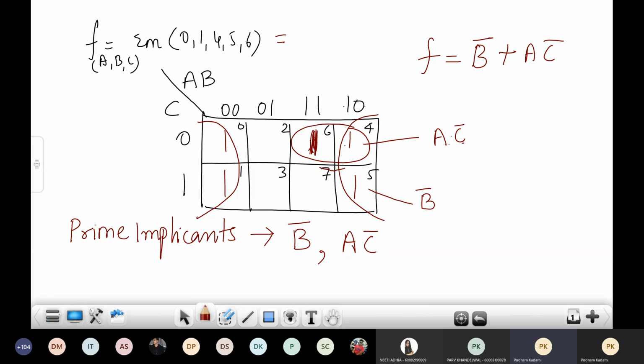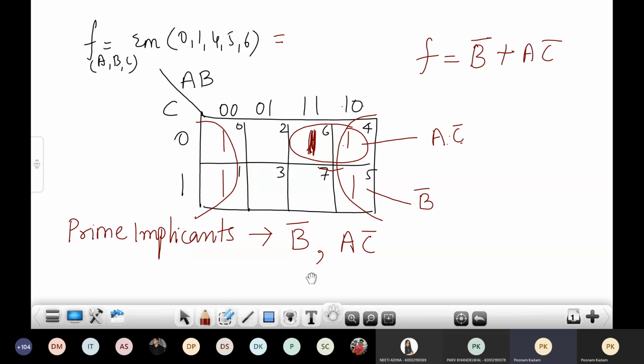It means you will require how many gates? 1, 2, 3, 4, 5 AND gates, each AND gate having 3 input lines, and 1 OR gate, right? On the other hand, we have reduced it to the function B bar plus AC bar, which means you require a very small number of gates. How will you implement it? How many gates are required to implement this circuit?